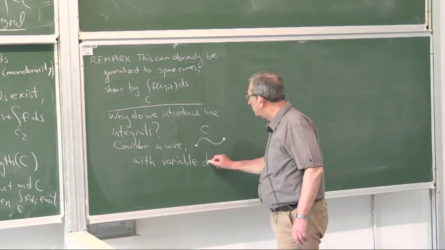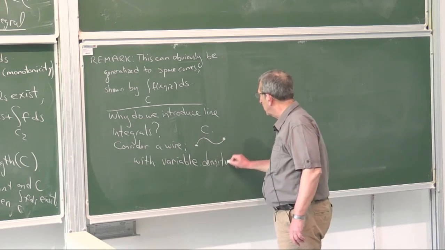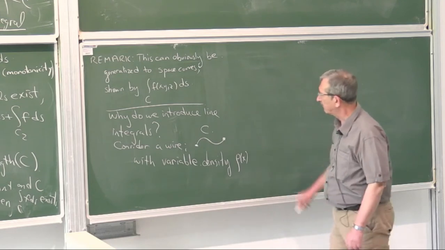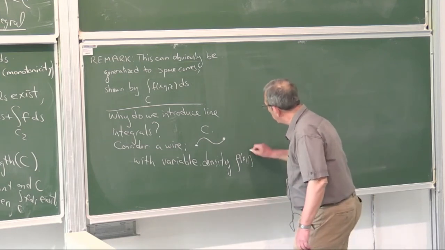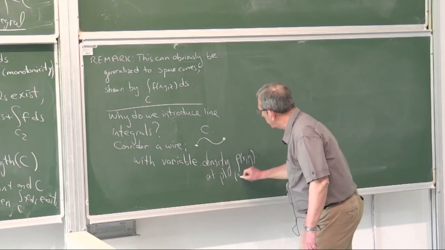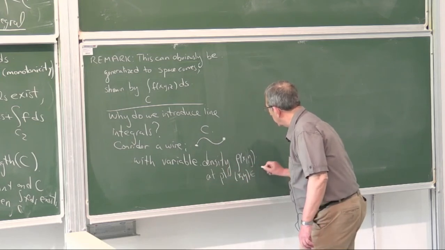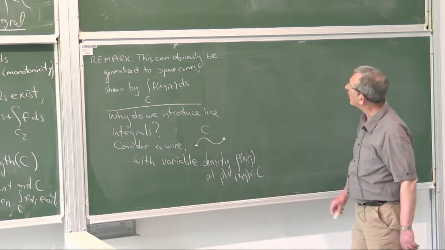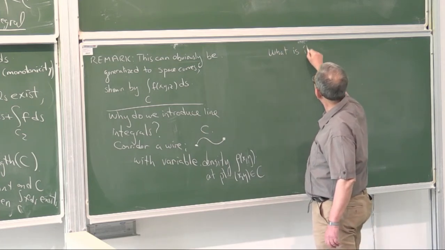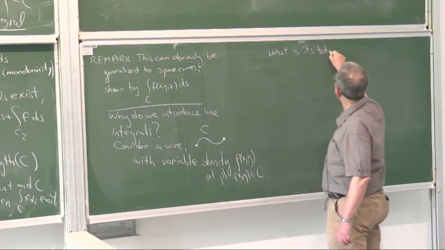With variable density, say rho(x,y), at point (x,y) in C. The question is, what is its total mass?